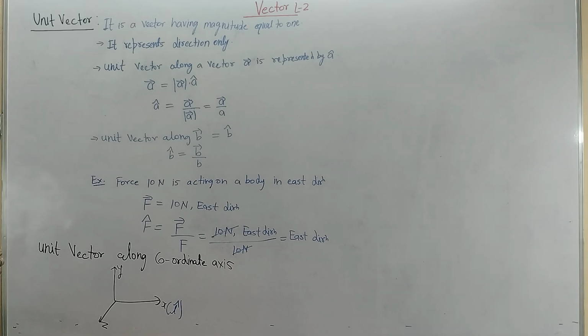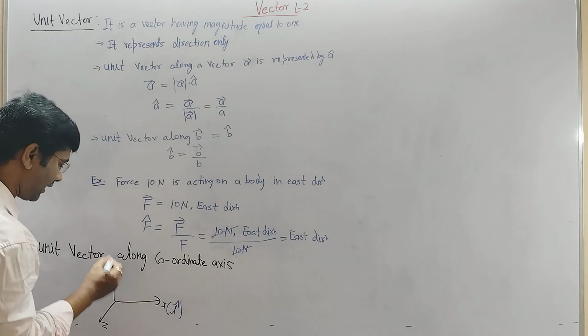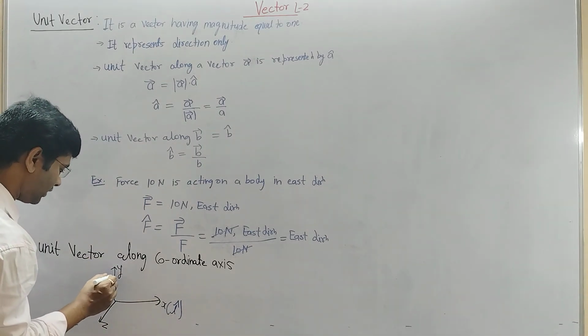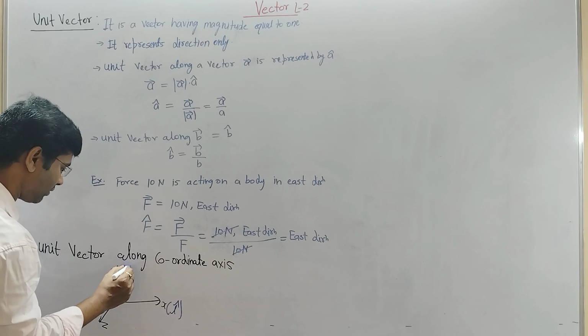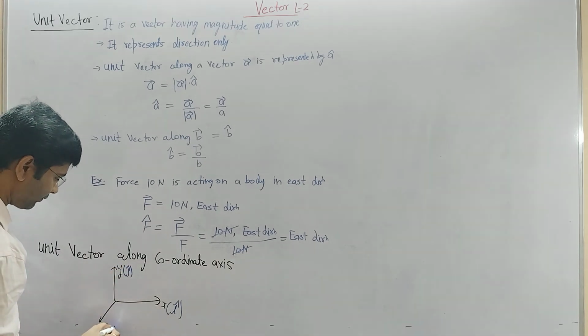Any unit vector you are taking along x, we have given a special name, that is I cap. The unit vector along y is j cap, and along z is k cap.